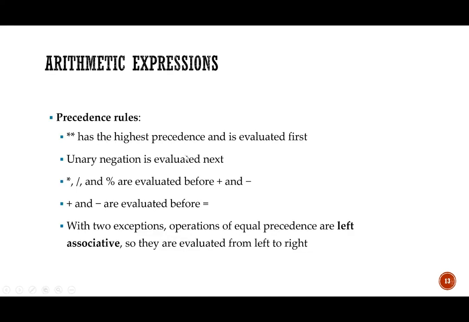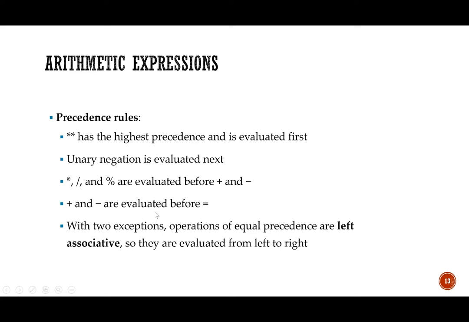I would like for us to review the precedence rules. Most likely you have seen this before, but we just want to review it. Exponentiation has the highest precedence and is evaluated first. Unary negation is executed next. Multiplication, division, and remainder are evaluated before addition and subtraction.